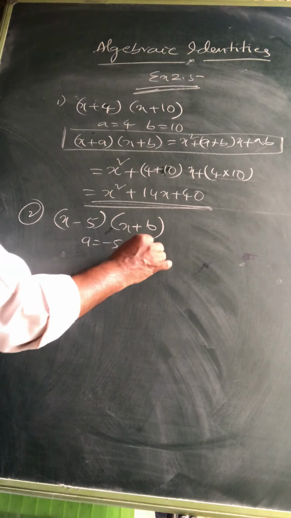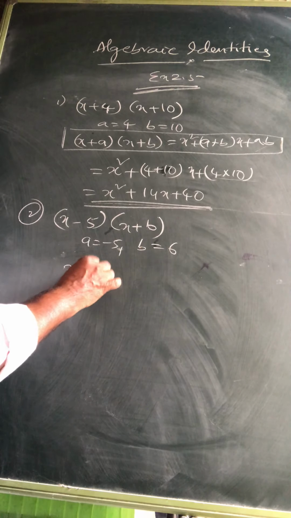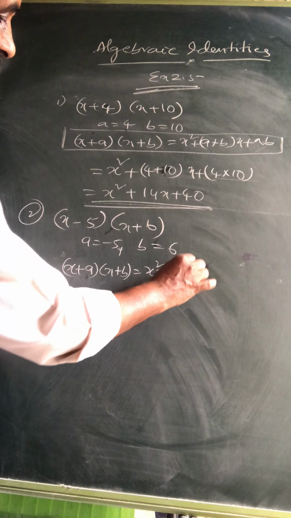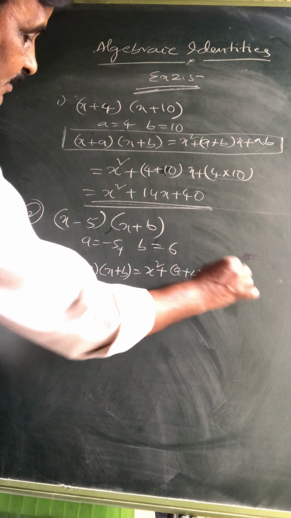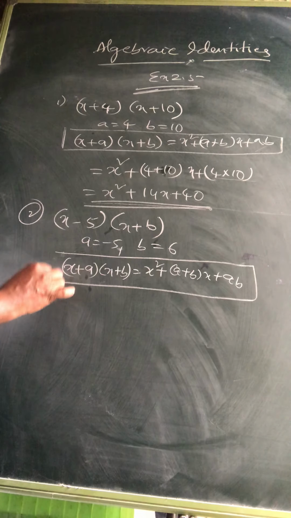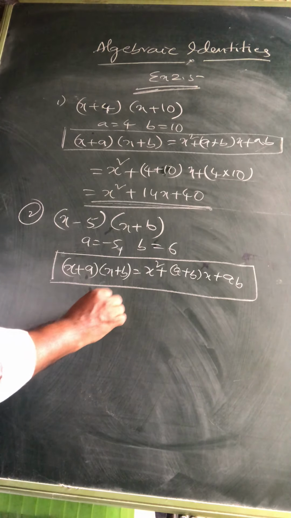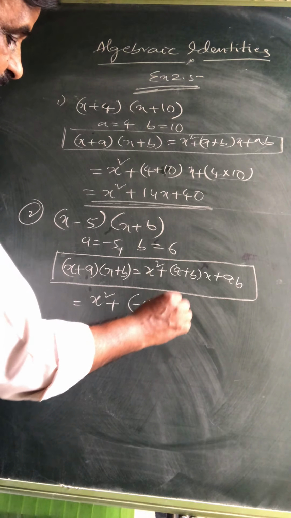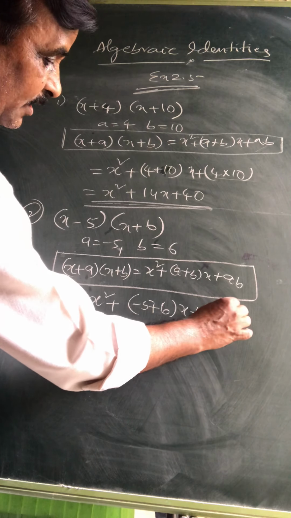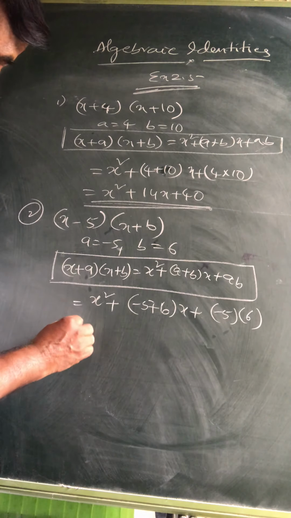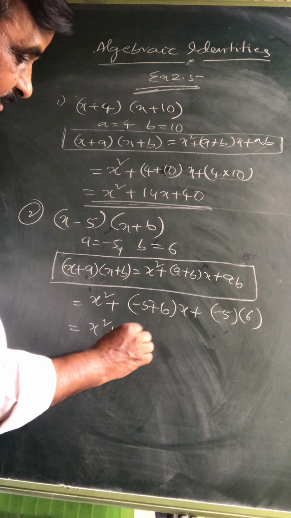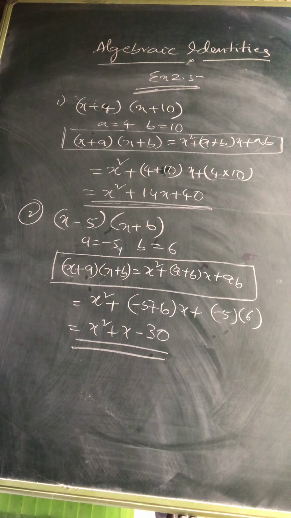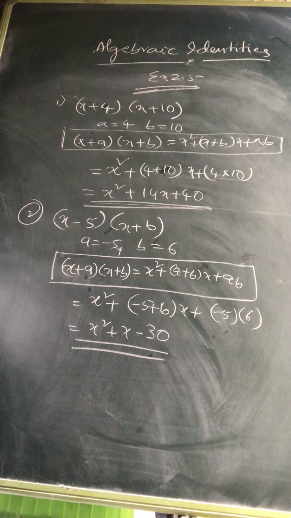Now write the identity (x + a)(x + b) = x² + (a + b)x + ab. Now x² + (−5 + 6)x + (−5 × 6) = x² + x − 30. This is the way to find the product by using the identity.